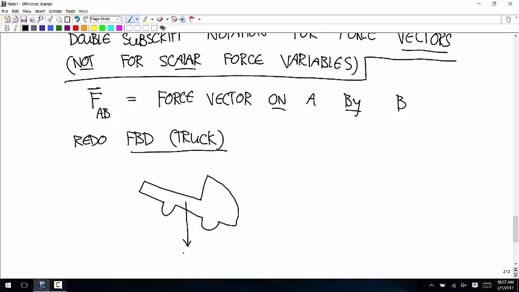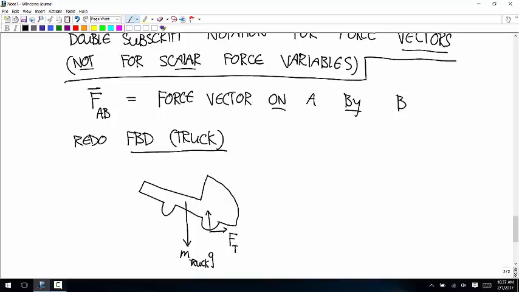We know that direction, and that the magnitude is the mass of the truck times G. And now going around the boundary, there's a force on the truck by the quicksand.